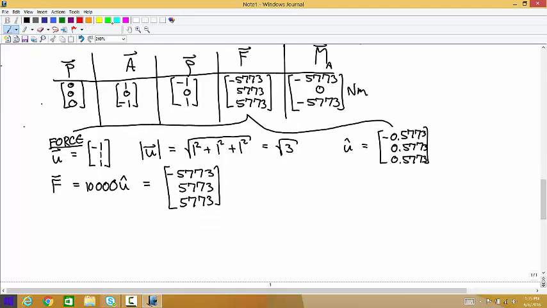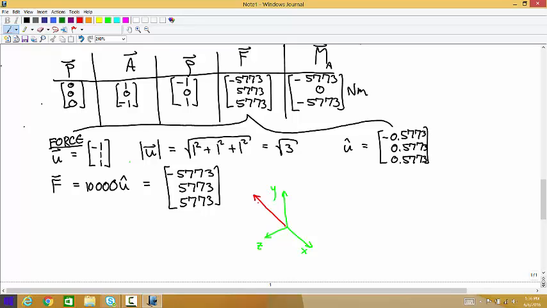That means that, if this is our coordinate system, there's x, y, and z. Our moment vector goes in the negative x direction, some distance.